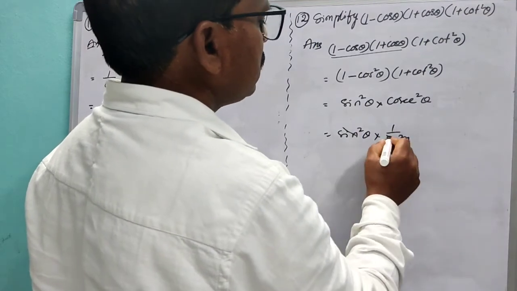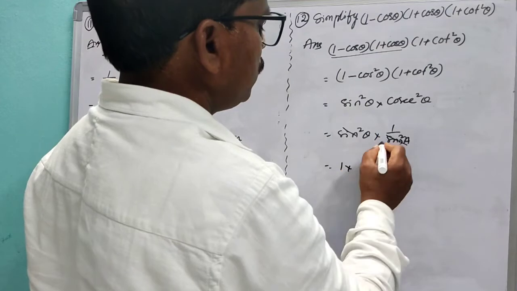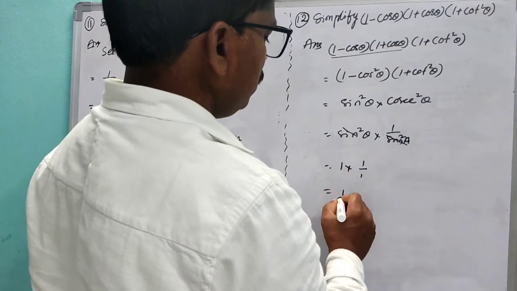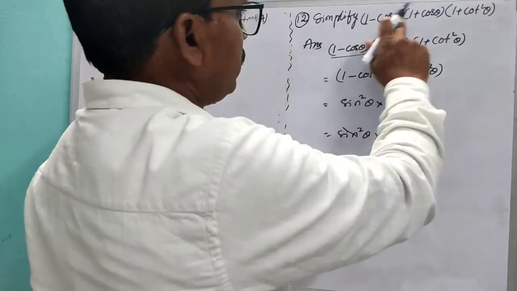So sin square theta and sin square theta get cancelled. The value of this one is 1.